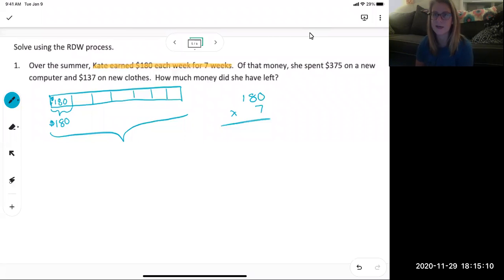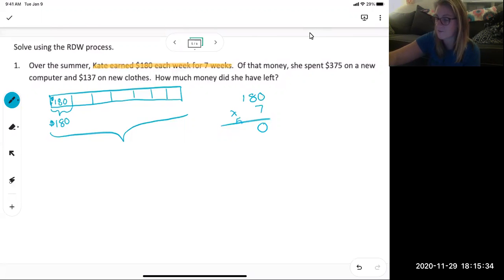Now you could sit here and do 180 added together 7 times, but that's going to take you quite a long time. Okay, now you can do 7 times 0, 0. 7 times 8, well, 7 times 8 is my favorite multiplication fact because it was the hardest one for me to learn and remember. But I know now that 7 times 8 is 56.